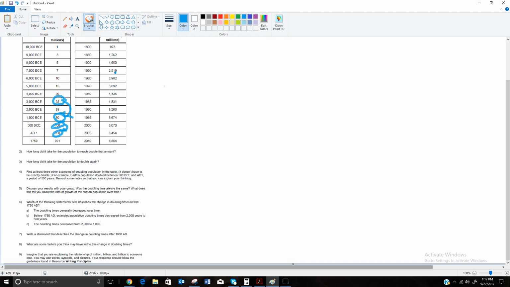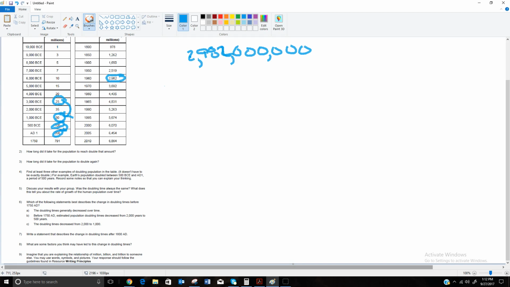And if we go over here and we look for some doubling instances, 1960, for instance, was at almost 3,000, which again is not 3,000, it's actually 3. Let me write it out. So it's 2982, and then that would have 6 zeros after it. So this would be 982 million.